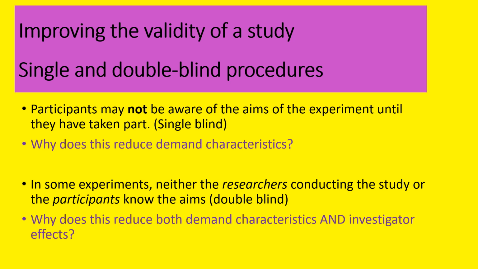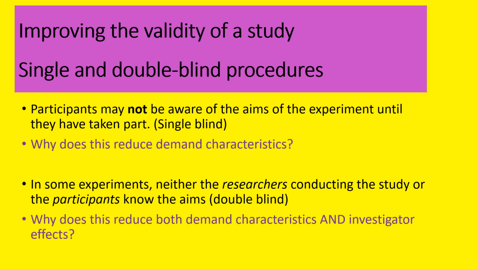And this is going to reduce demand characteristics, because if the participants are not aware of what's going on, then they're less likely to guess the purposes of the study, or if they don't know it, they're going to behave more naturally. So many experiments do involve that element of deception, and you can discuss the ethics on that another time. But when you do deceive people and don't tell them the true purpose, then their behaviour is going to be more natural.